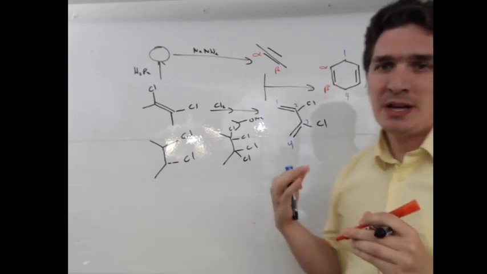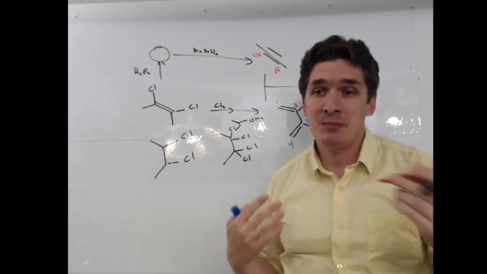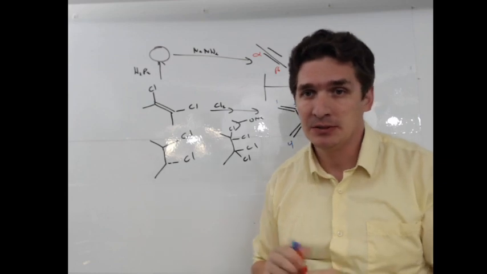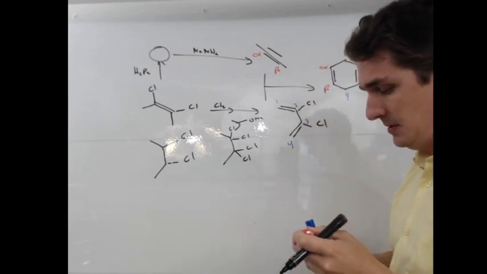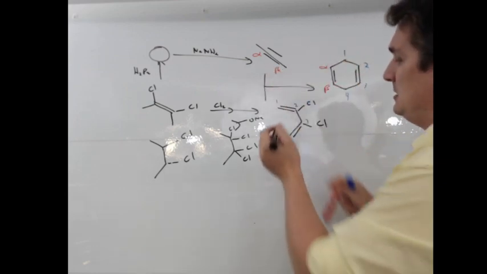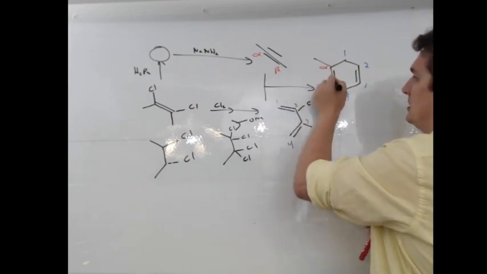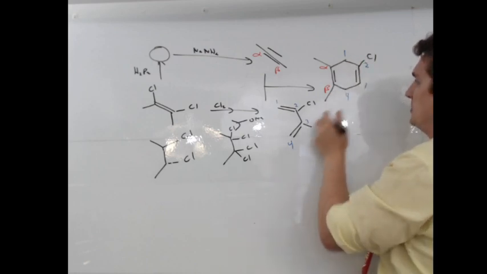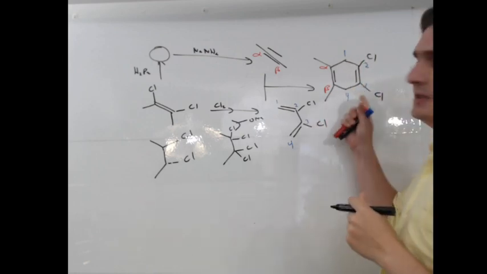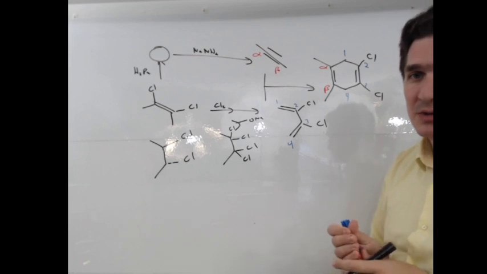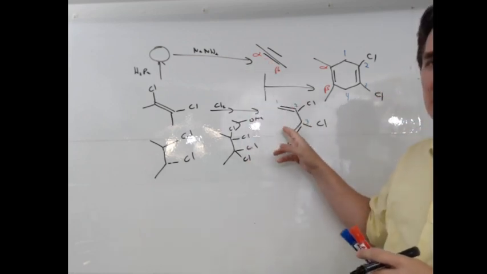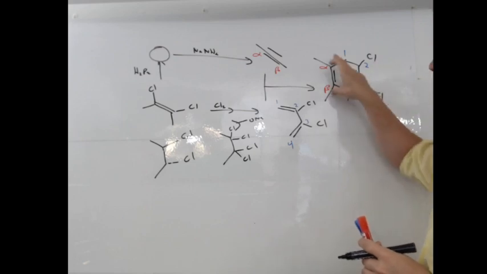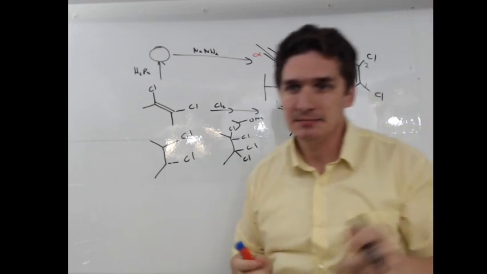Now, the reason I picked these reagents is that it's a symmetric reaction, so you're just going to end up with one product no matter how you put them together. So if you look at the alpha carbon, it's got a methyl. If you look at the beta carbon, it's got a methyl. The 2 carbon has a chlorine, and the 3 carbon has a chlorine. So this is how you get to the final product in this reaction. Your alkyne reacts to the diene that you generate through this process to give you the dichloro dimethyl diene.